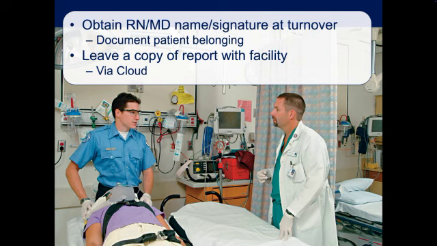And then the hospital can pull it down from the cloud and make a copy of it. They can even read it as you're typing it into your iPad or your Toughbook while you're driving to the hospital. It's popping up on their screen. They can actually read what's going on as you're going to the hospital. So it's actually a pretty cool system.